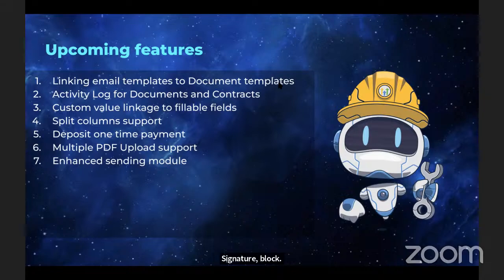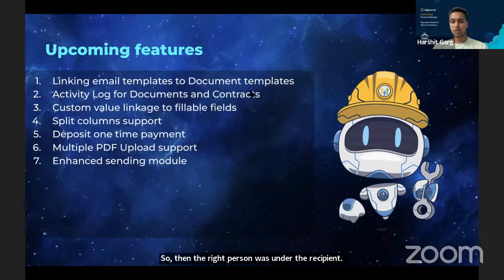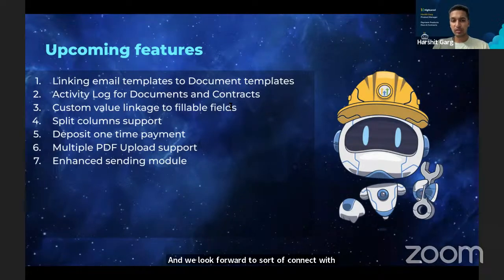So when I went back and switched the order of the people on the sidebar, it switched those signature fields, and then the right person was under the recipient for the signature block. Got it. All right, Brandon, I think I'll just reuse this from my end as well, and we'll look forward to connecting with you separately so that we can go over your experience and handle this more carefully.